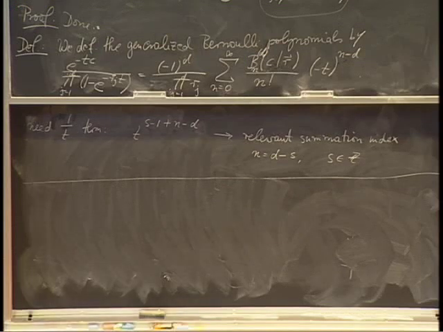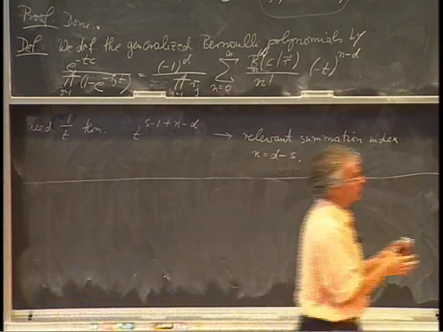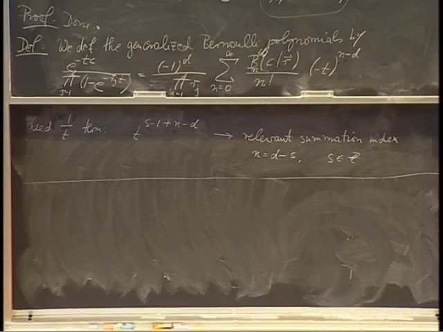Then final example, Epstein, again 1903. 1903 apparently was the year of the zetas. And there we now look at a quadratic instead of a linear combination of integers.